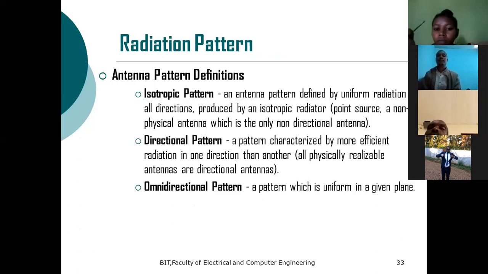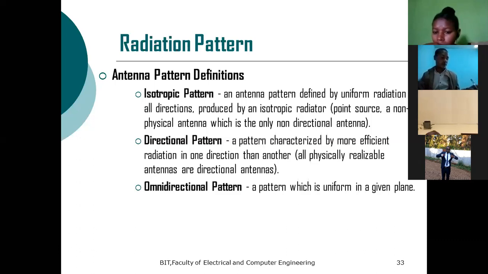So depending on the antenna pattern, that means the radiation pattern of the antenna, we can classify antennas or radiators into 3 groups or classes: isotropic antenna, directional antenna, omnidirectional antenna.